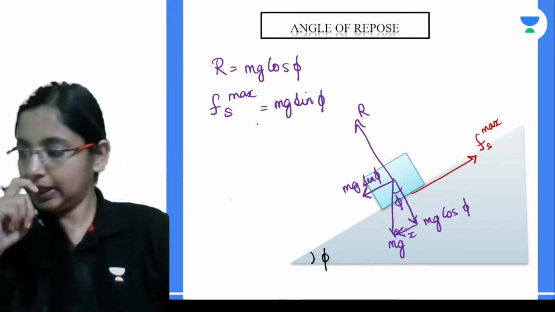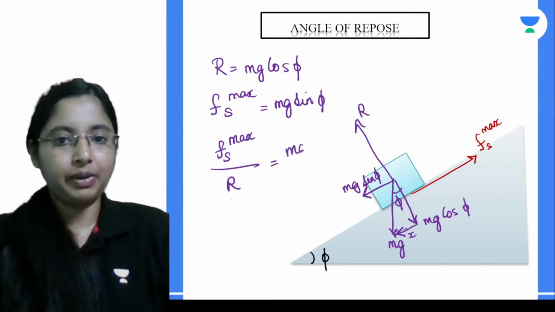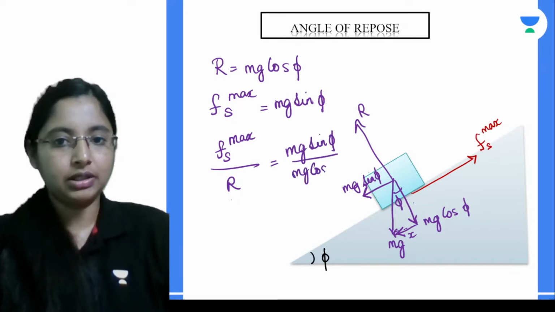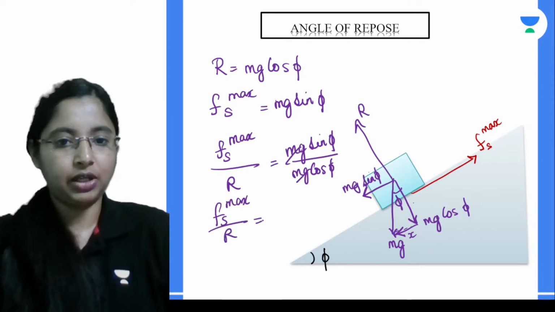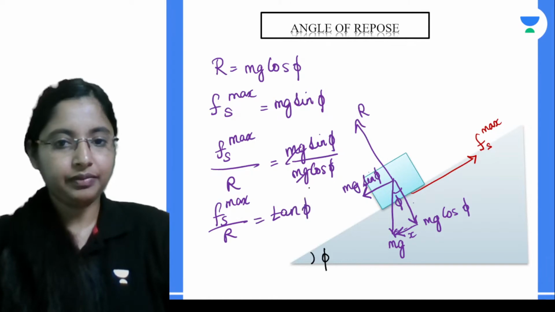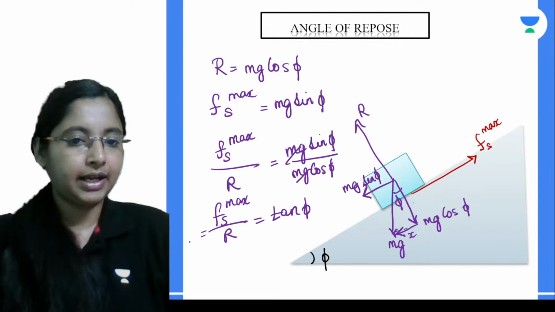Now if you divide these two, the static friction by the reaction force, on the other side you have mg sin phi by mg cos phi. So mg gets cancelled, and this value is equal to tan phi. But we know maximum static friction by reaction force is the coefficient of static friction.